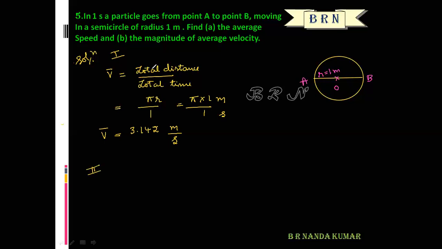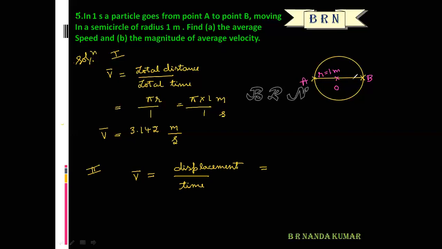So after that, we have to calculate the magnitude of average velocity. So average velocity is the total displacement divided by time. Displacement is the shortest distance between initial and final position. Here A is the initial position, B is the final position. The shortest distance is AB.